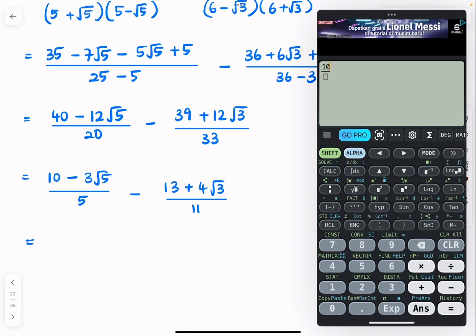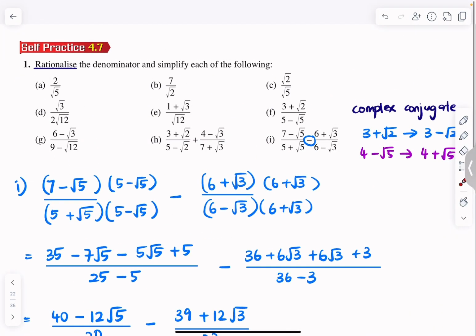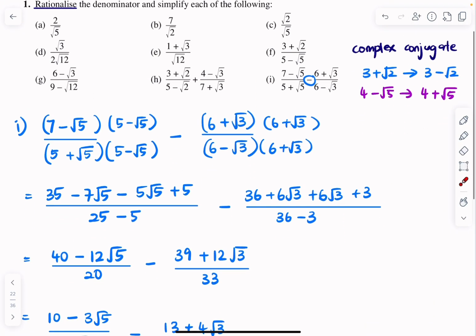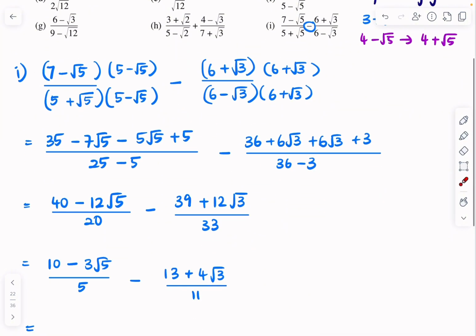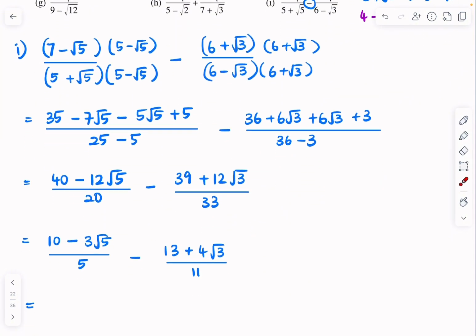So just do calculator. 3√5 over 5 minus 13 plus 4√3 over 11. Wish. They split it up. Did they ask for, okay, they asked to simplify each of the following. Let me see.